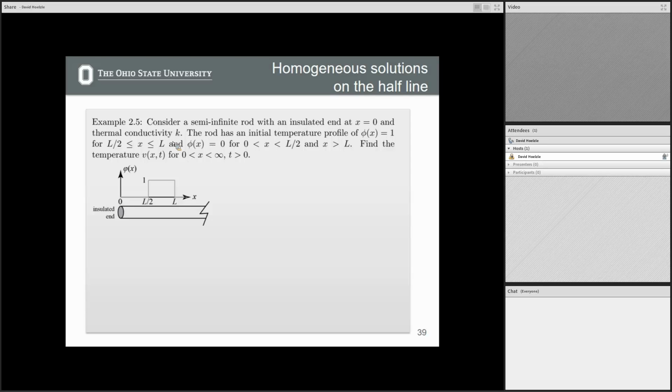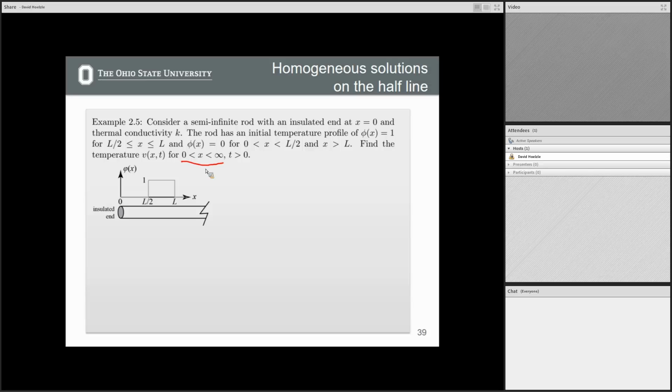Thermal conductivity K again. This rod has an initial temperature of 1 over this domain. So we're saying the initial temperature is 1 from the domain of L over 2 to L, and 0 for everything else. Now find the temperature for the semi-infinite domain.